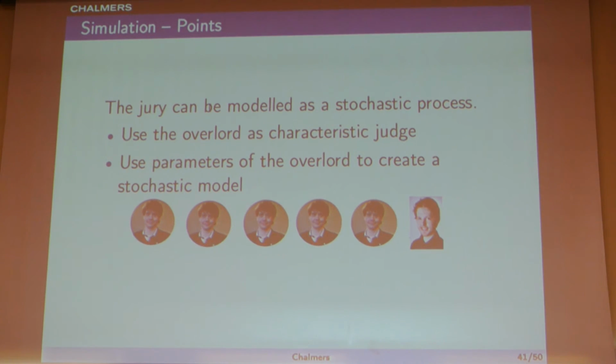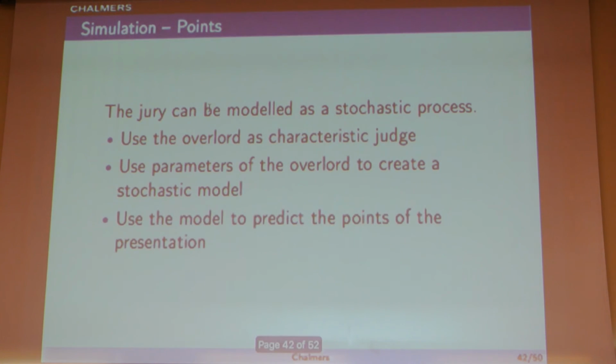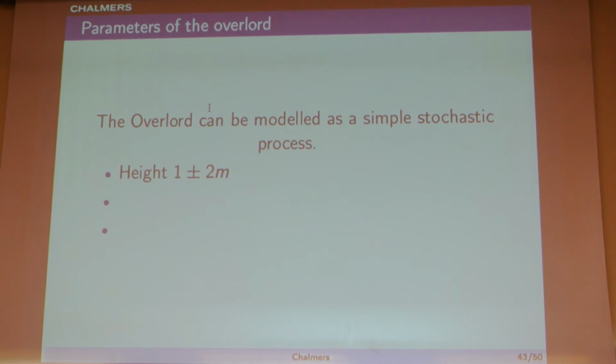So, what are the important parameters of the overlord? First it's the height. I don't know if we have any judges with negative height in here. In that case, that would be a physical revelation. This is actually taken from this year's competition, the mean reported rate.